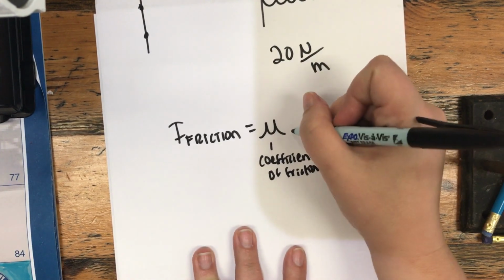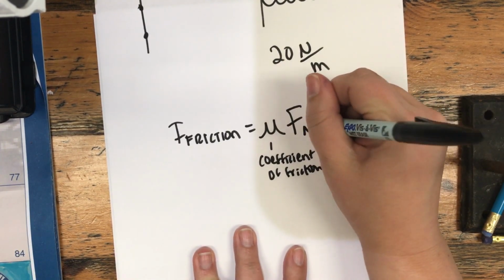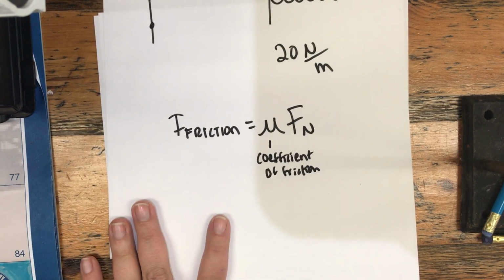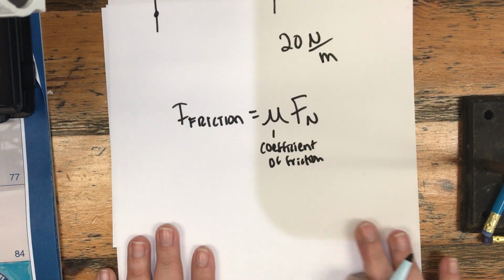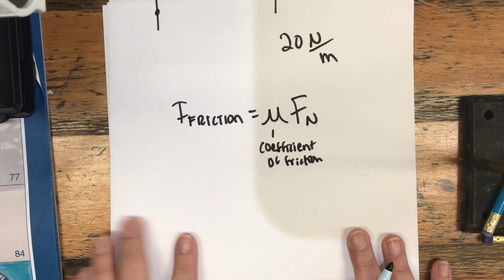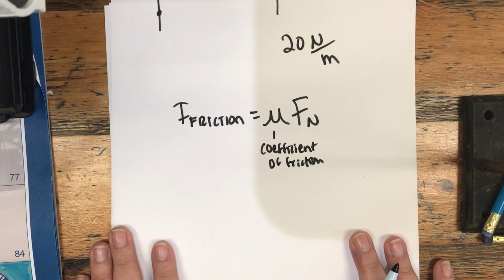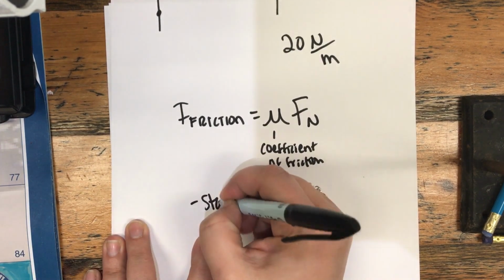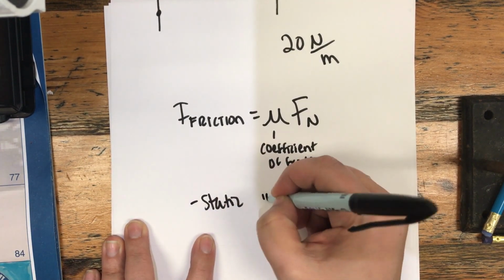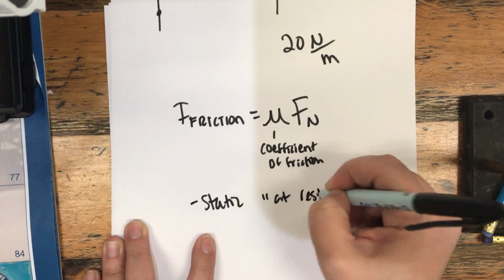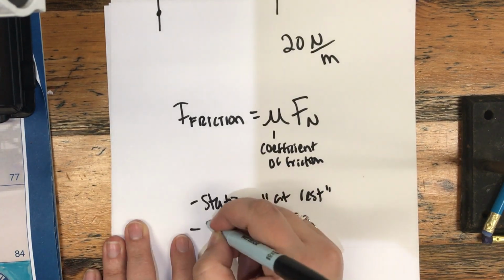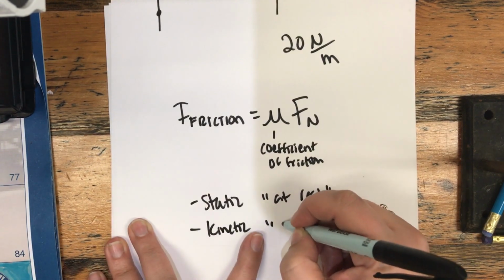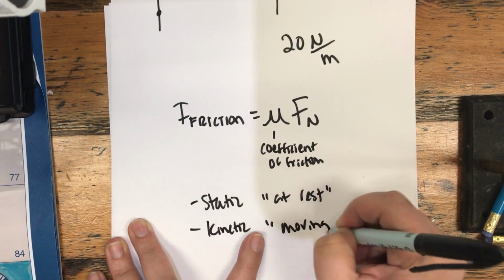And then we also have the normal force, right? Which is how hard you are pushing down into that surface, right? So there are two different types of friction. There is static friction and there is kinetic friction. So static friction is when something's at rest, right? Preventing something from moving. And kinetic friction is when something is moving along, right?